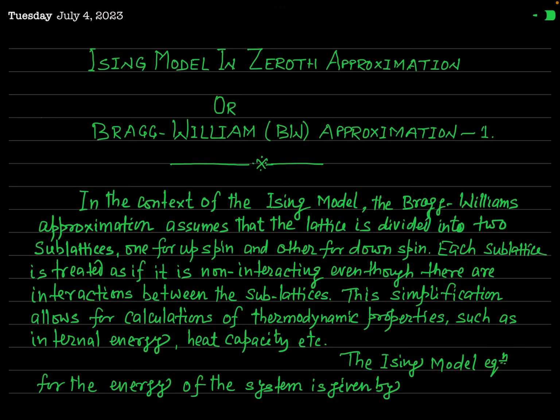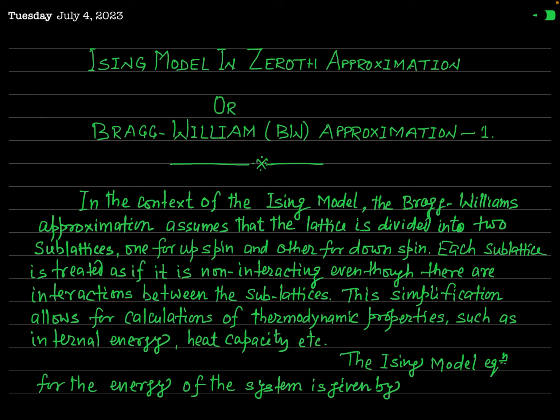Now, after that introductory lecture, in this lecture, our aim is to discuss a very important concept which is called Bragg-Williams approximation. Or you can also say that we are going to discuss Ising model in zeroth approximation.